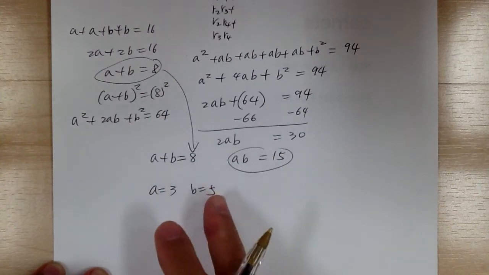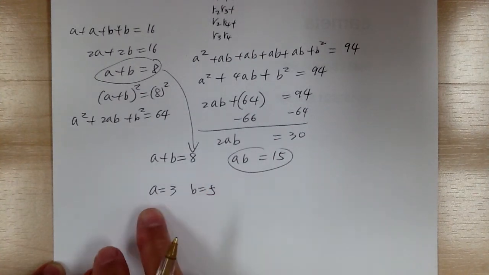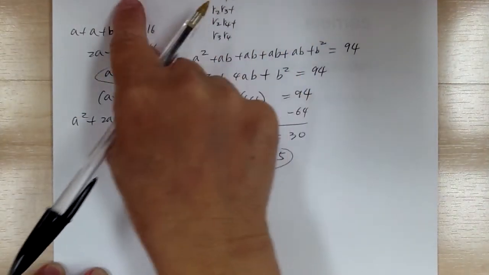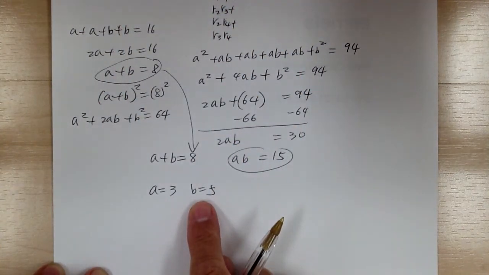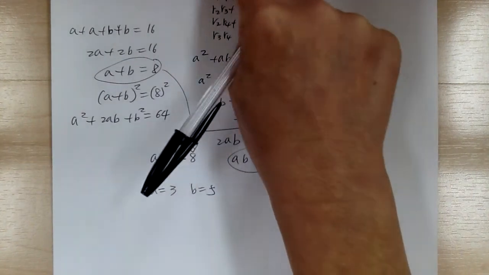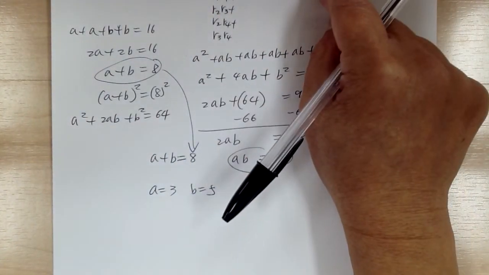It doesn't matter if A equal to 3, B equal to 5, or A equal to 5, B equal to 3, because we just assign randomly. Once you do this, now we can do this part over here.